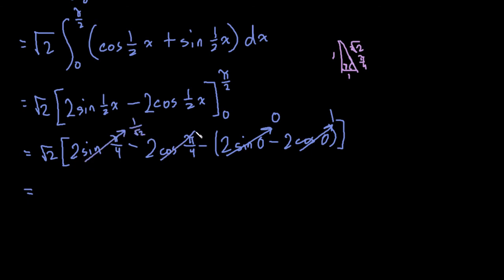And cos of pi over 4 is also 1 over root 2. So I'm just going to write this here. 2 over root 2 minus 2 over root 2. You have a 0 here and a 1 here.